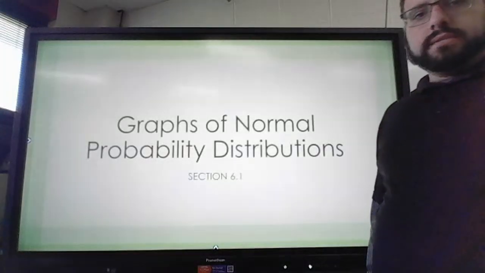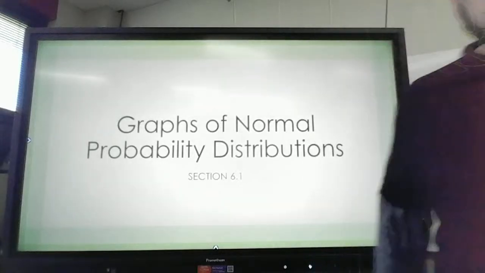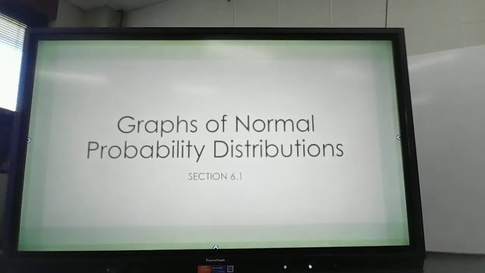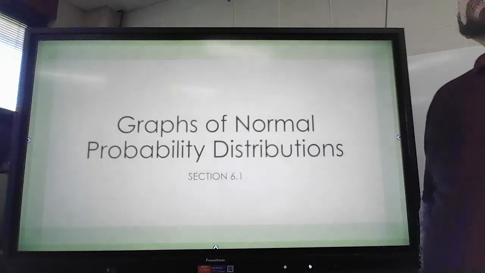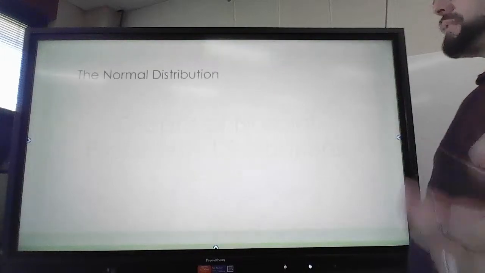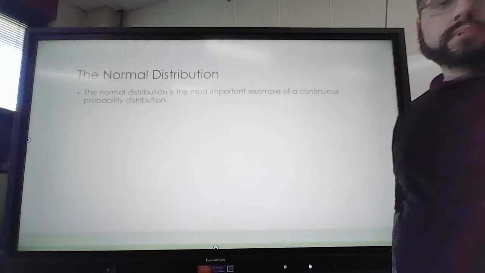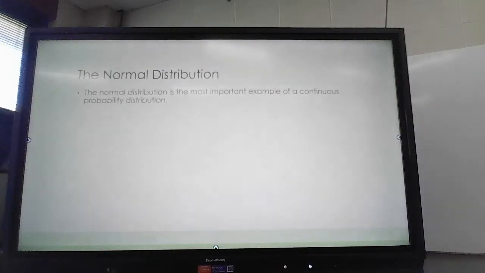Chapter 6. We're going to focus on normal probability distributions as opposed to the binomial probability distributions that we covered in Chapter 5. Now, the binomial distribution was an example of a discrete probability distribution.